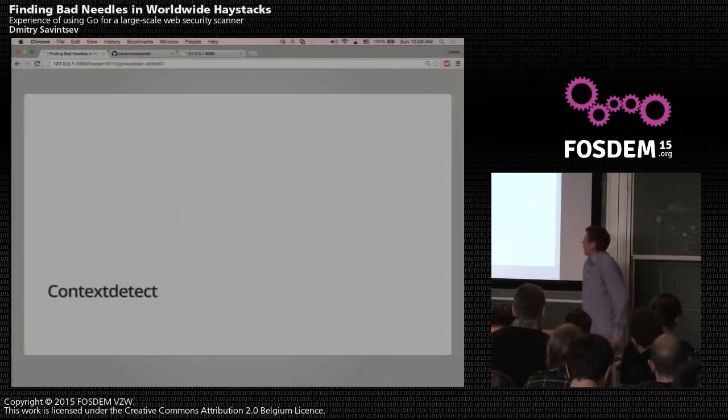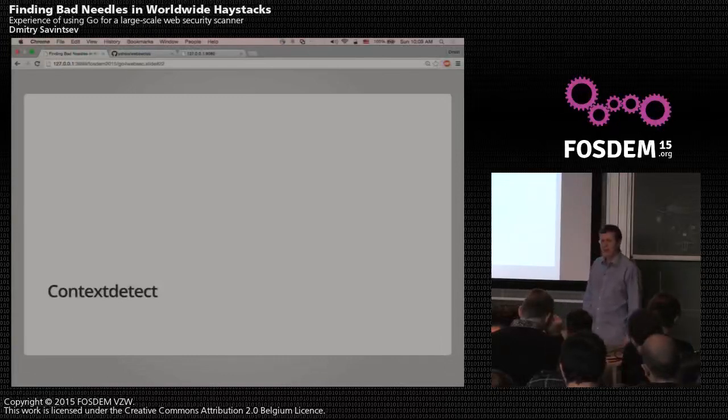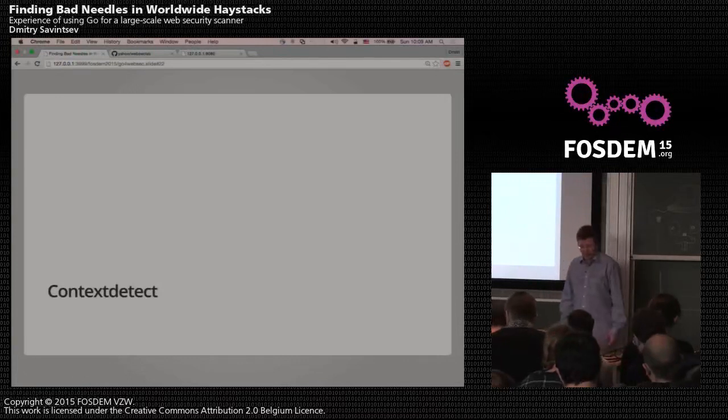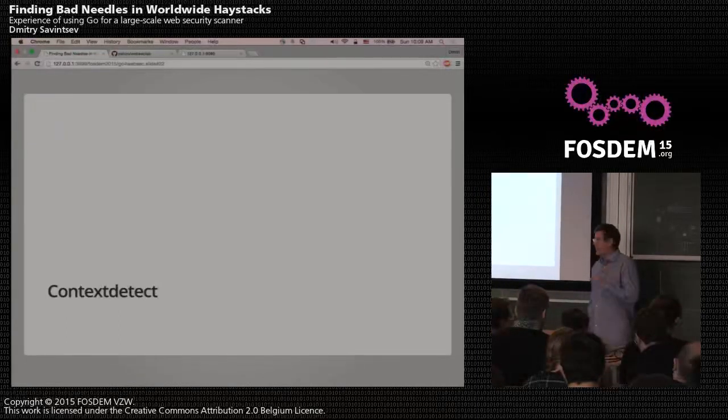Okay. The next piece that I want to talk about is context detect. That's actually in the XSS scanner, the piece that is responsible for the analysis of the output. Usually the scanners send some fuzzy string to the site, it returns output, and then you need to analyze it.